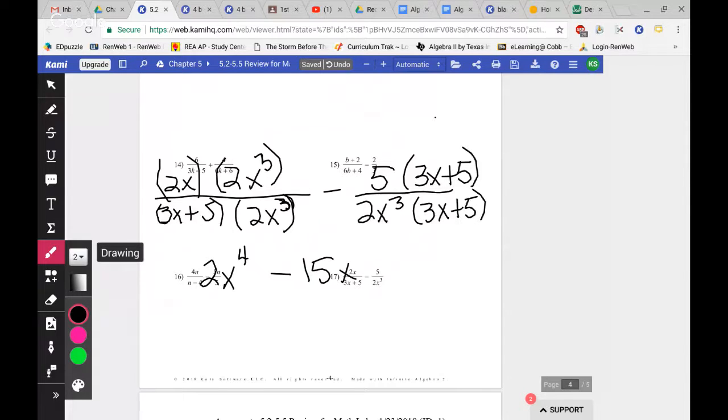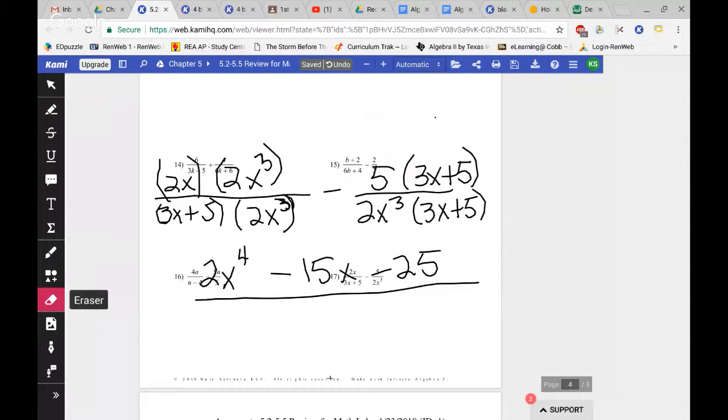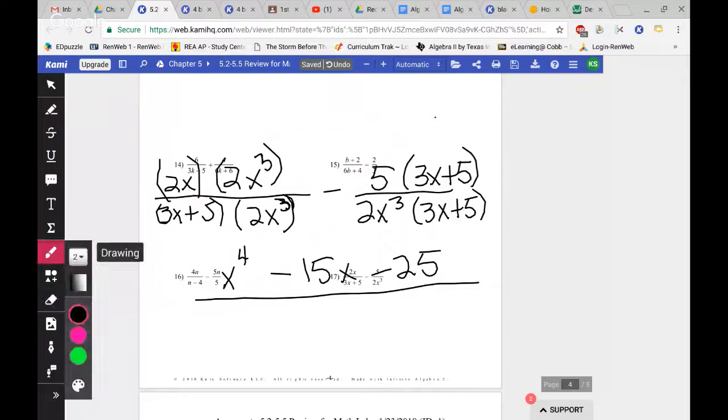And -5 times 5 is -25. Did I miss anything? Oh, yes, I did. This was 4x, my 2x times my 2x cubed.